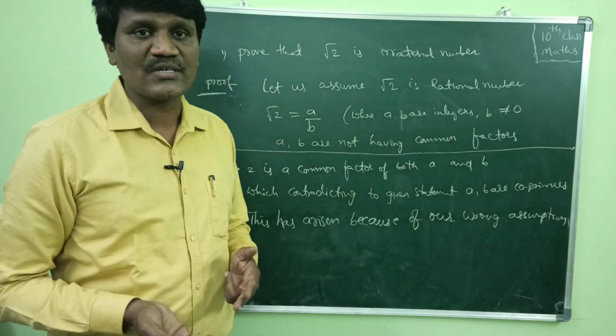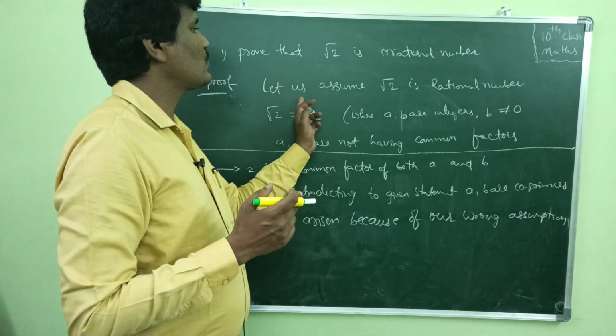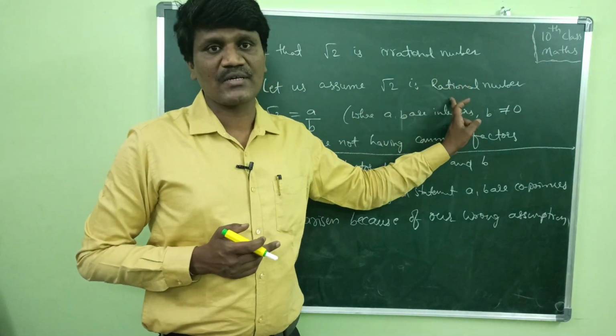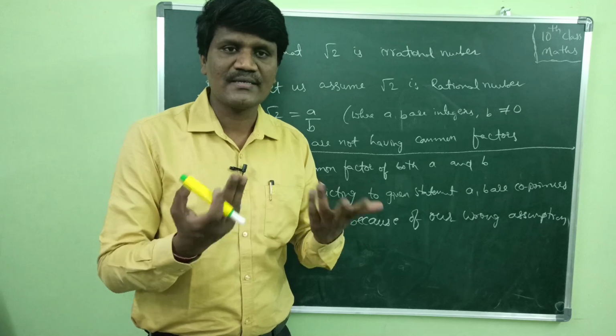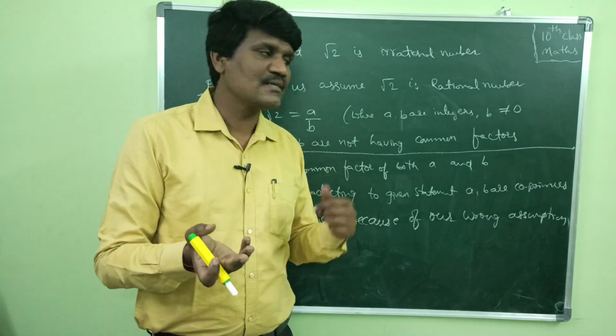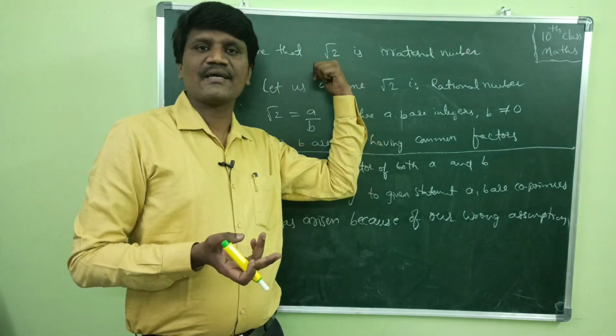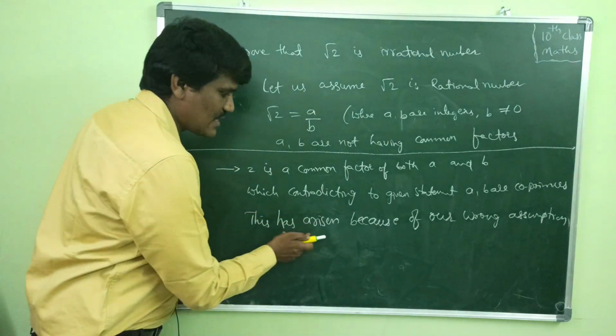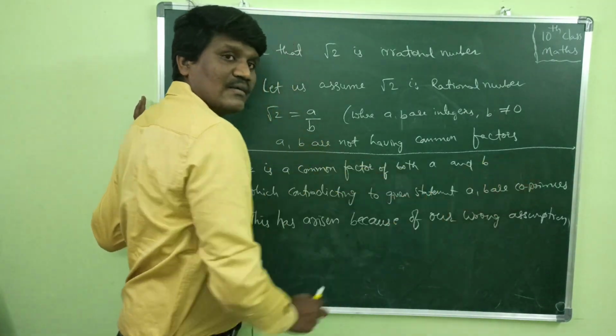So what is the wrong assumption? Root 2 is a rational number is our assumption. That is wrong. So what is right? The right is root 2 is an irrational number. So this has arisen because of our wrong assumption.